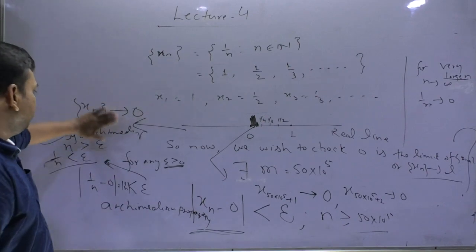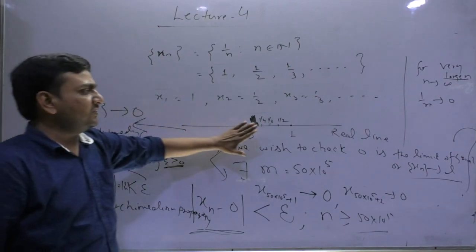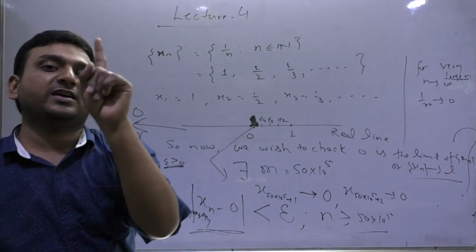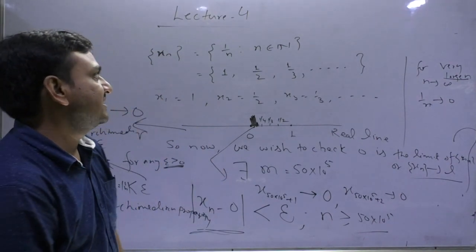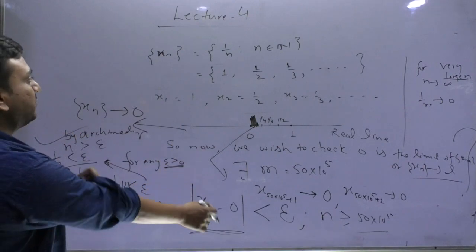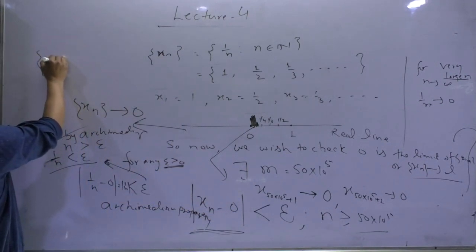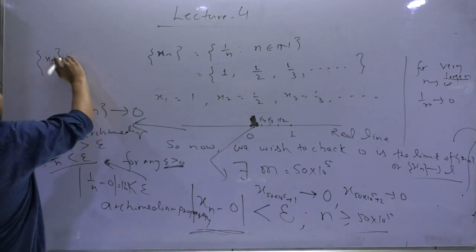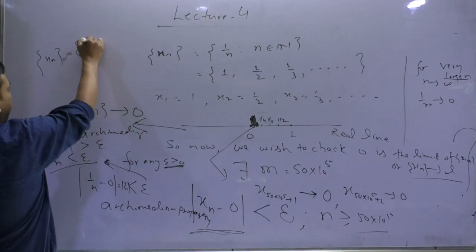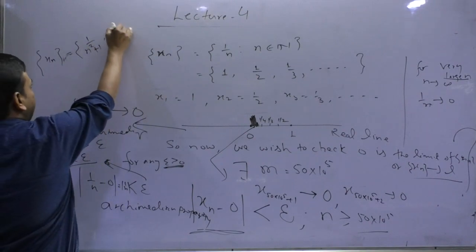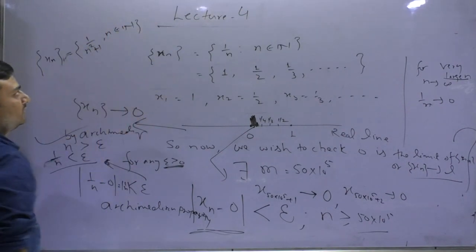So what does it mean actually? I was just focusing on making you feel what convergence means. Now suppose I take a sequence xn defined by 1 upon n square plus 1, where n belongs to the natural numbers.